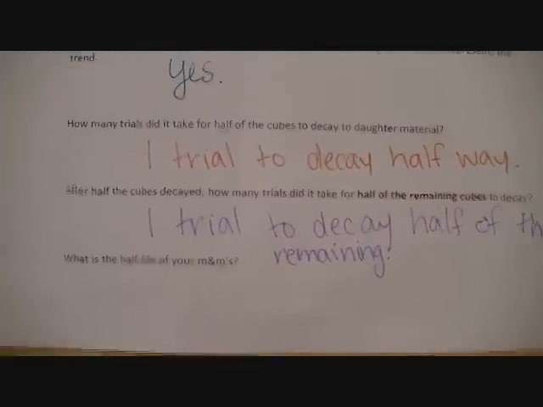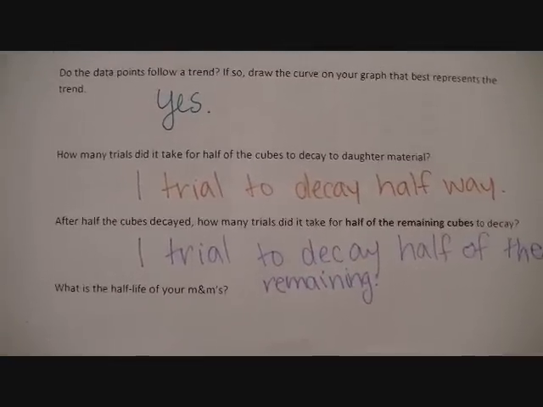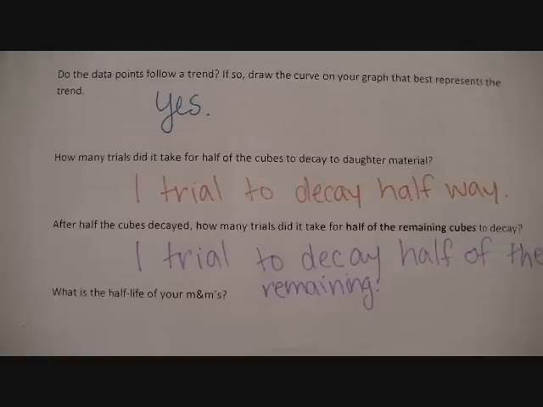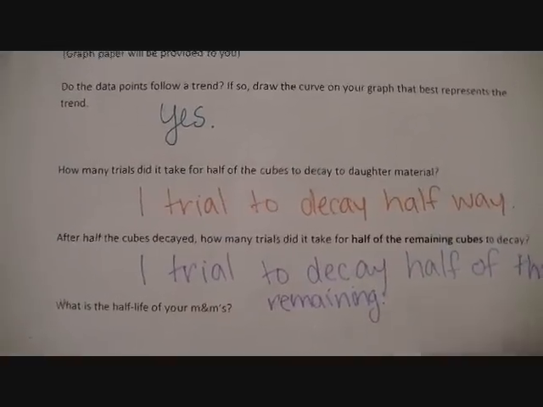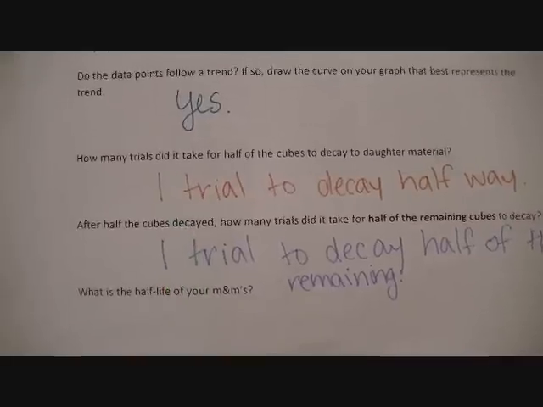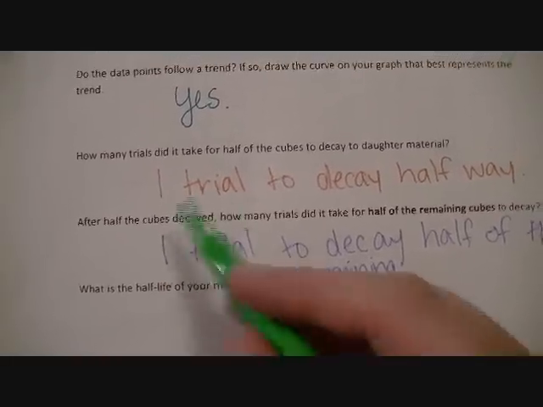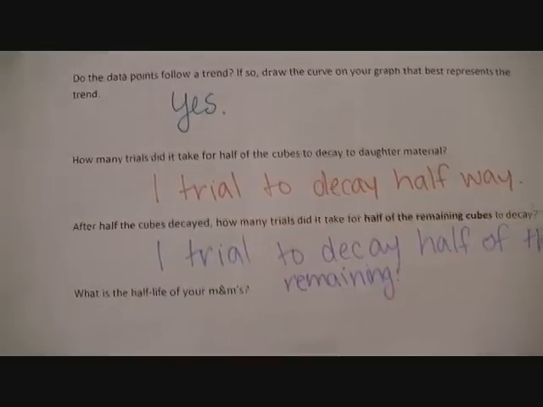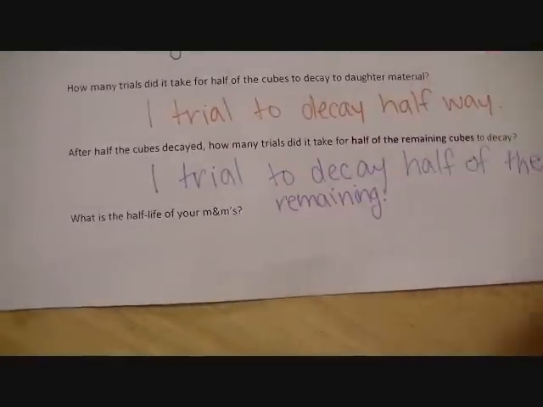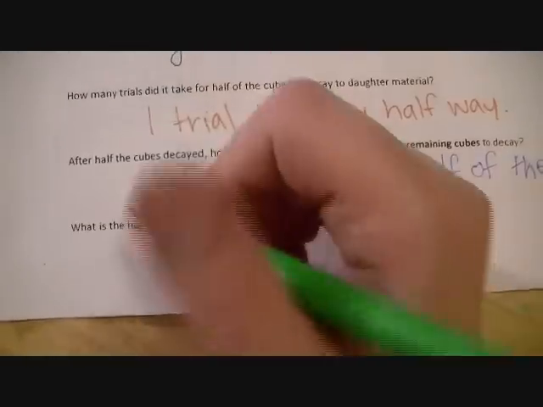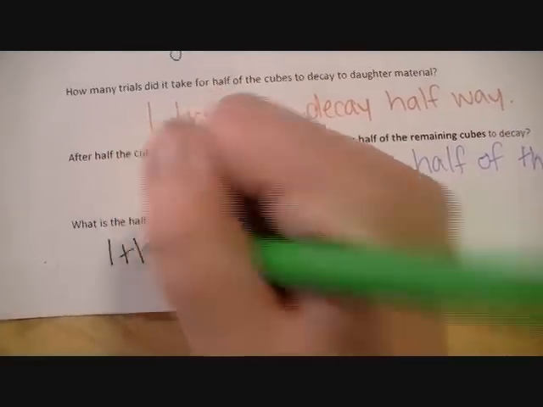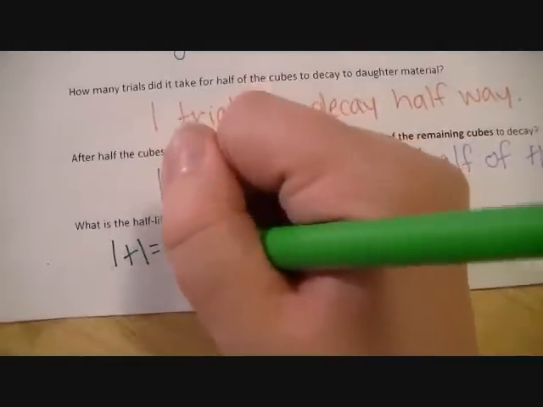What is the half-life of your M&Ms? That is the last question. How you do this is you take the average of your first 2 answers. And what that means is I do 1 plus 1, which equals 2.